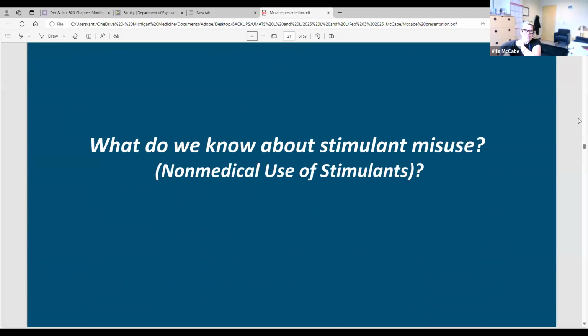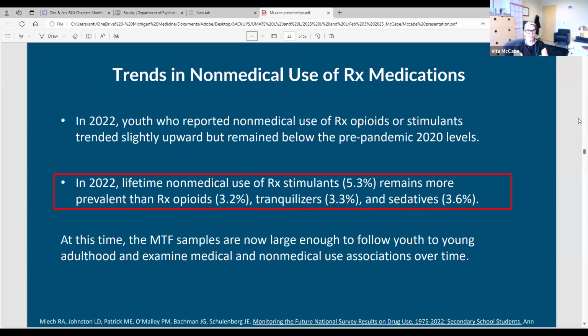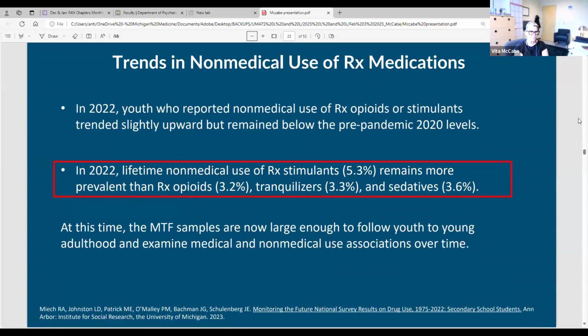All right, so let's talk about stimulant misuse or non-medical use of stimulants. As a reminder, in 2022, when we looked at some MTF data, lifetime non-medical use of prescription stimulants, defined as either using somebody else's or even using your own outside the context of how it's prescribed, prevalence was 5.3 percent.